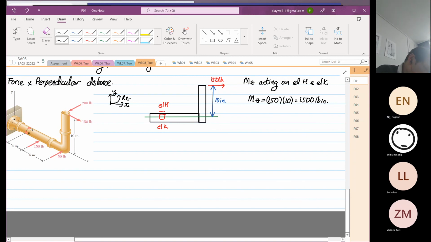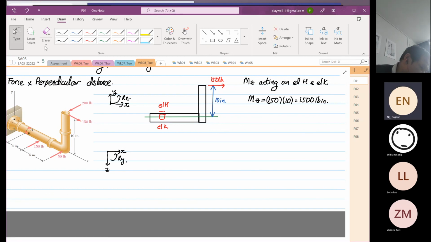So I will show you a different view now. This is to the neutral axis. I'm going to show you in the xz plane. So now this is our x, this is our z, this is rotation about y.